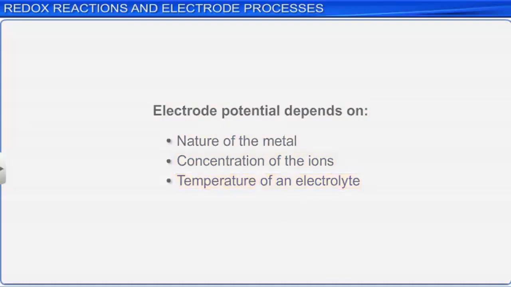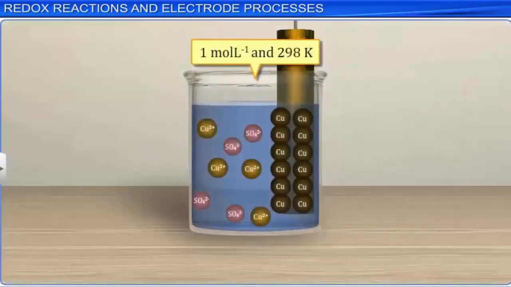If the concentration of each species taking part in the electrode reaction is taken as unity and the temperature is taken as 298 Kelvin, then the potential of each electrode is known as the standard electrode potential and is represented as E0.